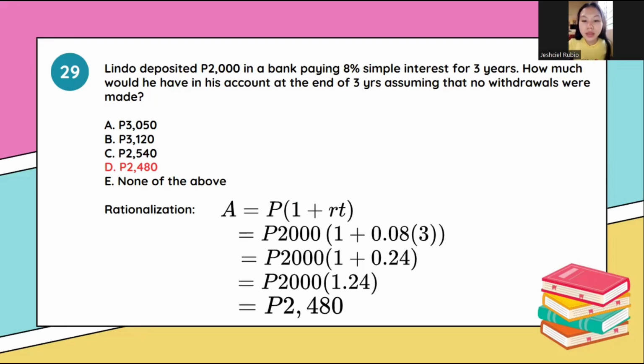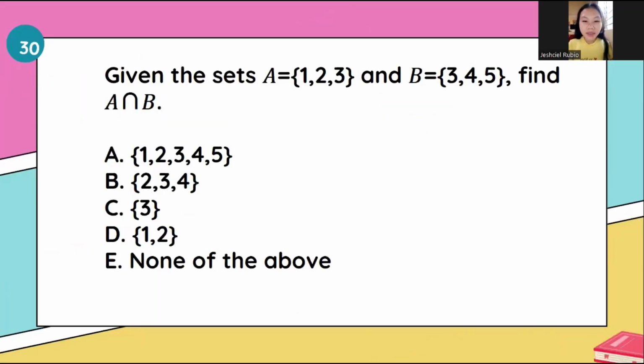So copy 2,000 and also 1, and then 0.08 times 3. So it becomes 0.24. Then again, copy 2,000. So 1 plus 0.24 is equal to 1.24. Multiply it, so it becomes 2,480. So that's why our correct answer is letter D. So next, let's proceed to number 30.